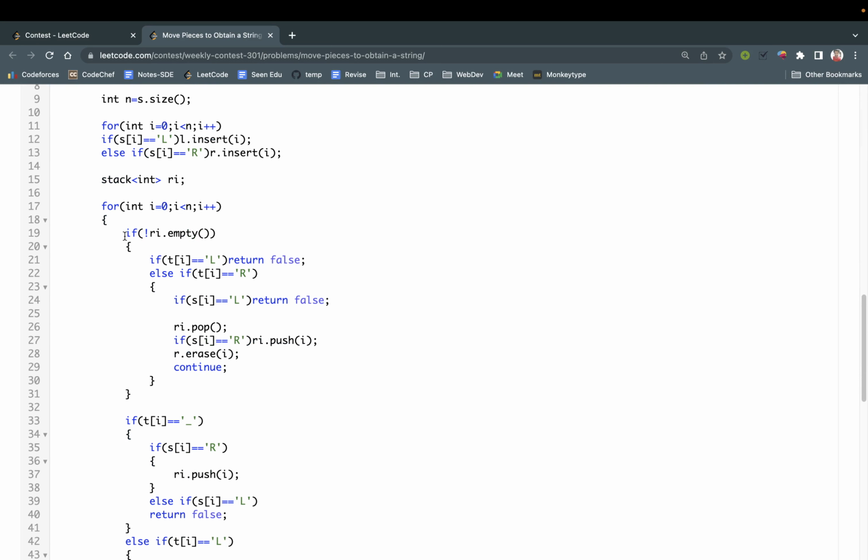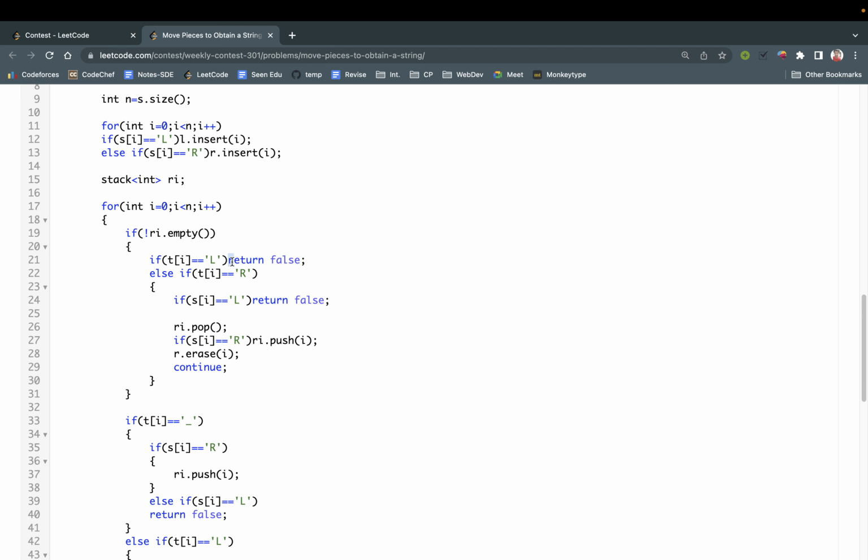So now moving to this, for all the i's, if our Ri is not empty and t of i is equal to L, and our previous i minus ones are not set because R is also in our stack, then we have to return false, because it's not making the same subsequence for S and T; a different subsequence is going to be created.